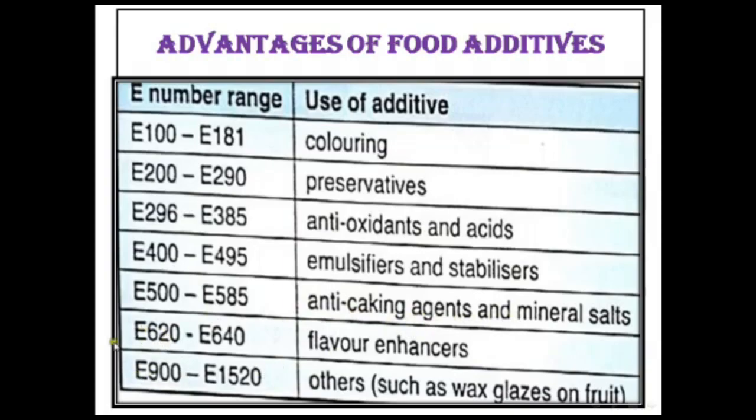E620 to E640 are used as flavor enhancers, and E900 to E1520 are others, such as wax glaze on fruit. So such kinds of food additives are added based on their E number range.